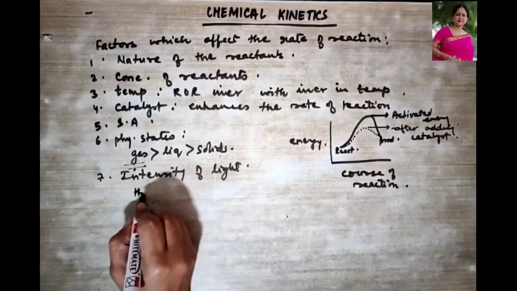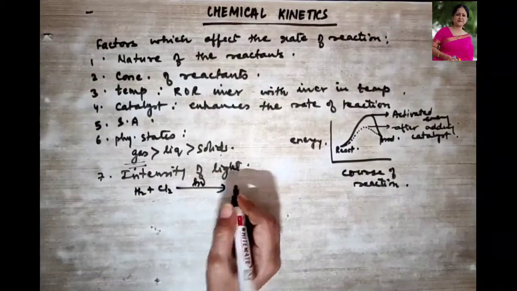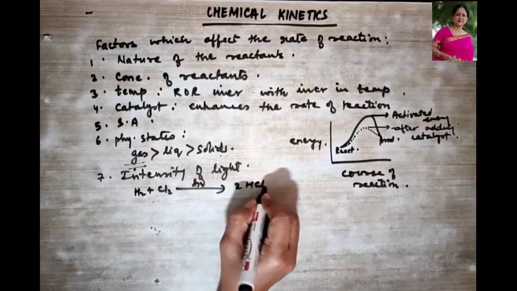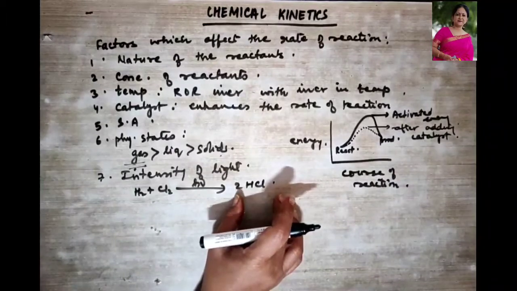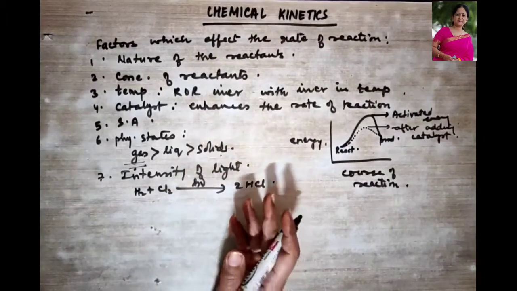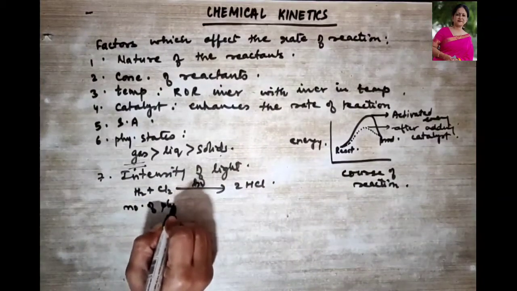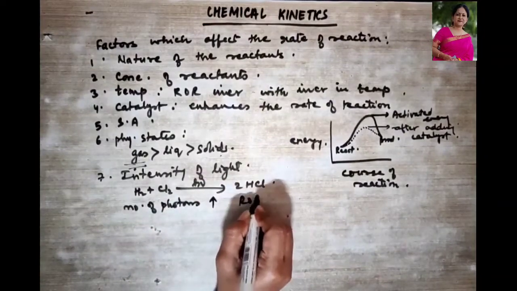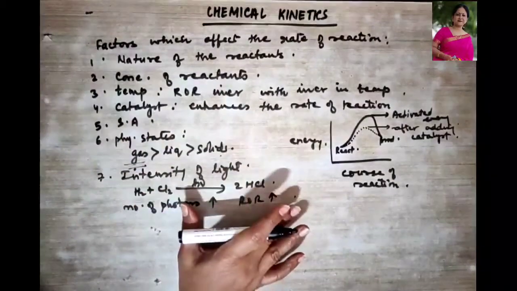For example, you already know hydrogen plus chlorine in the presence of ultraviolet rays form highly reactive species and they form HCl. So intensity of the light increases the rate of reaction. That is, if the number of photons increases, then it also increases the rate of reaction. I hope this all is very clear to you.